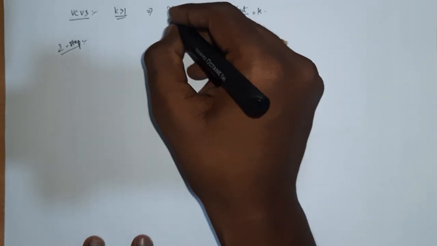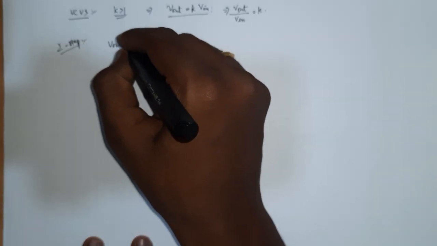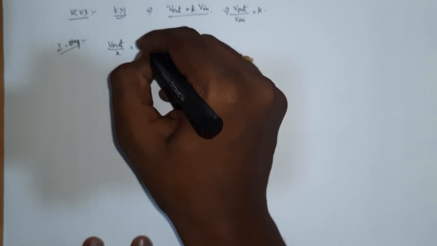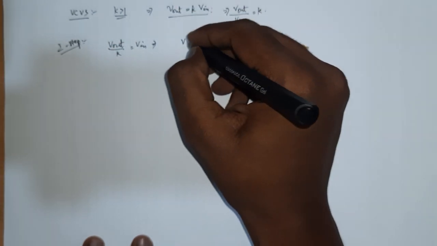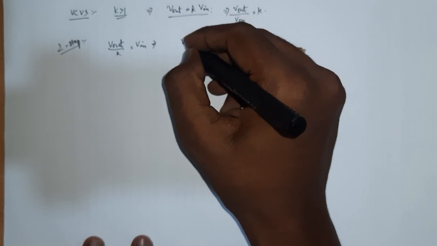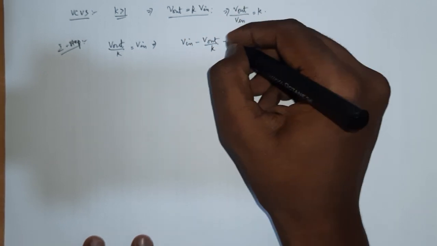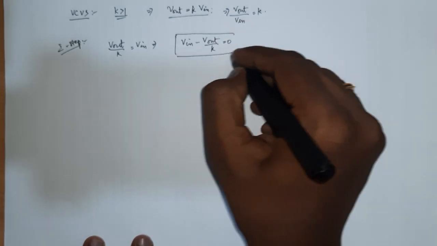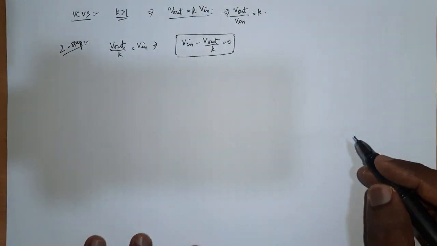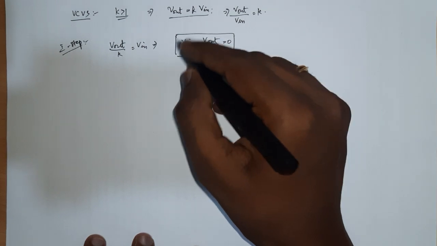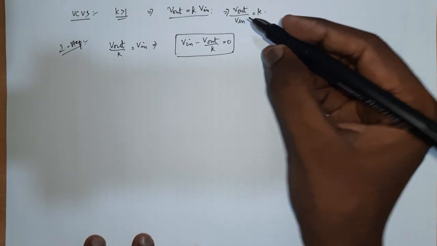So I would rewrite this as Vout by k is equal to Vin, which implies Vin minus Vout by k is equal to 0. So this is what I should use. I have to compare Vin at one terminal and Vout by k at another terminal.